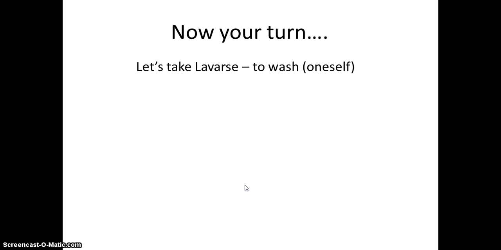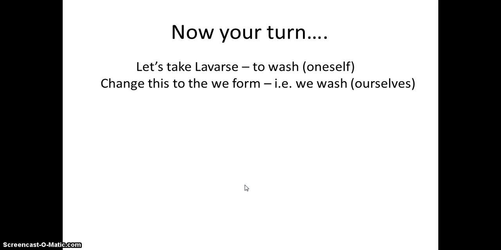Let's take lavarse, to wash oneself. We need to change this into the we form, so I want to say we wash ourselves. Again, we don't say the ourselves in English, but that's what we mean because we're not washing something, we're washing ourselves. We know it's reflexive again because it's got the se on the end. So we do what? That's right, we take the se off and put it in our pocket, and we're left with lavar, the AR verb.